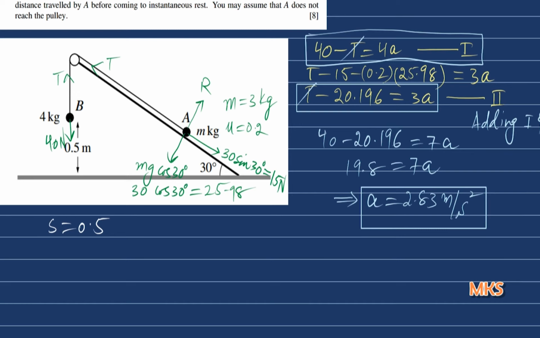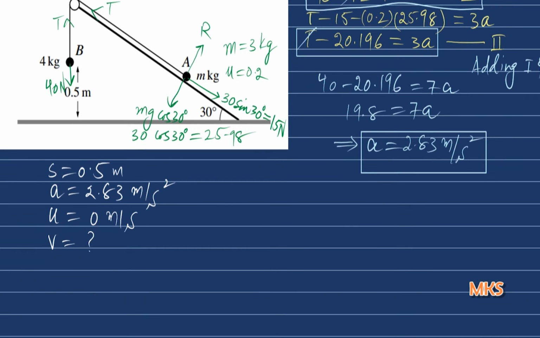Actually, we need the velocity at that time. S is 0.5. And what else we have? We have calculated a, which is 2.83 meter per second square. u is 0 meter per second. And we want to find the velocity at that time.